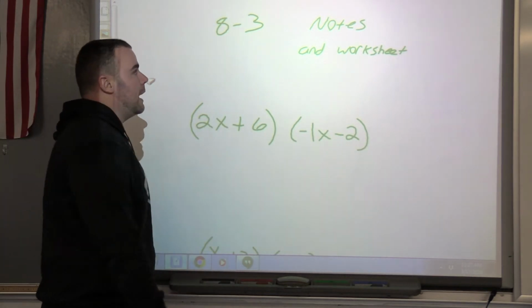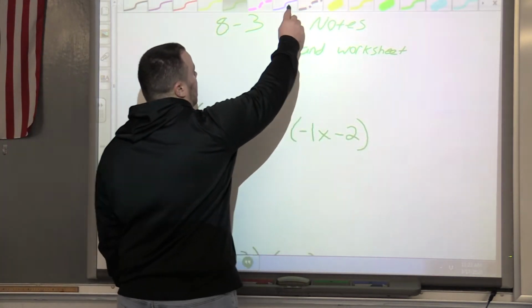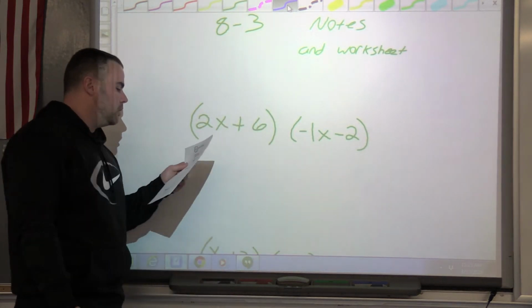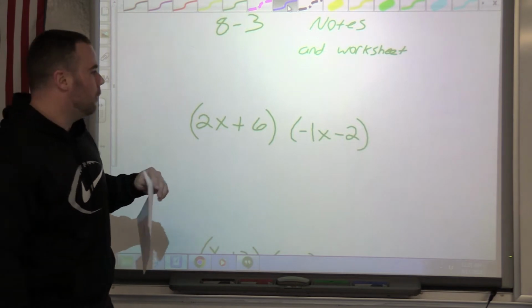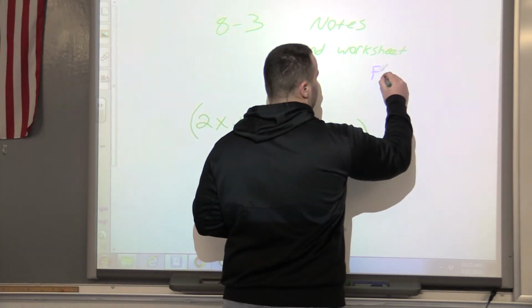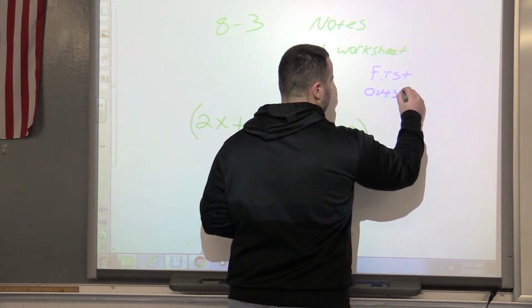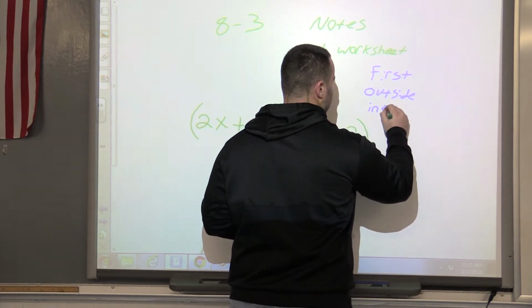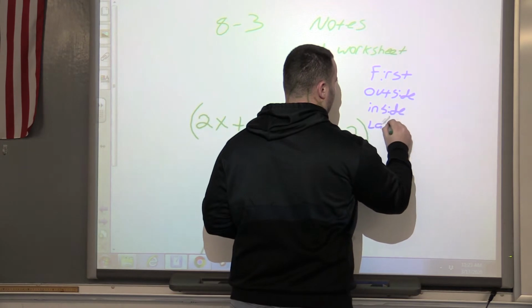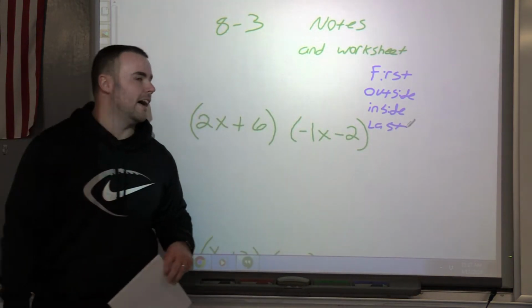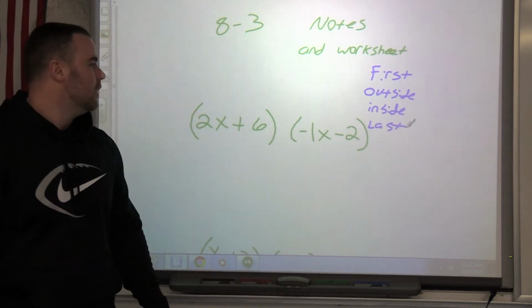All right, so this isn't too bad. This is just the distributive property. Anytime you have a number sitting outside parentheses, you distribute to everything. We used to call it the FOIL method, and FOIL is kind of easy. It stands for first, outside, inside, and last. That's how I learned how to do it way back in the Stone Age, back in 2004 or 2005.